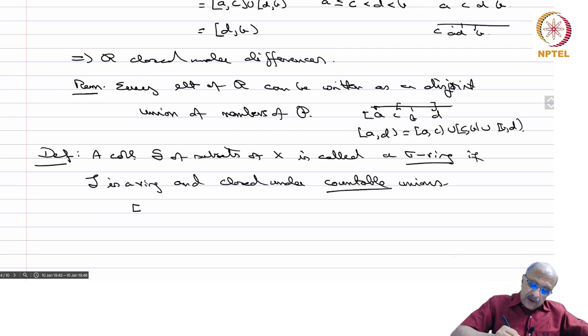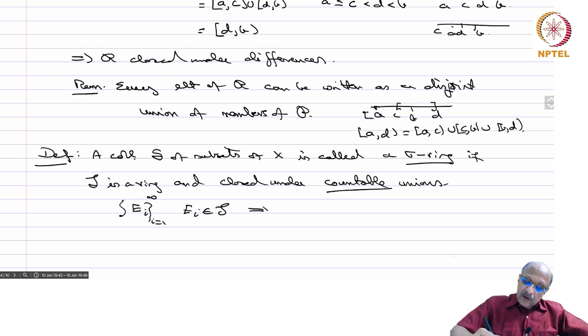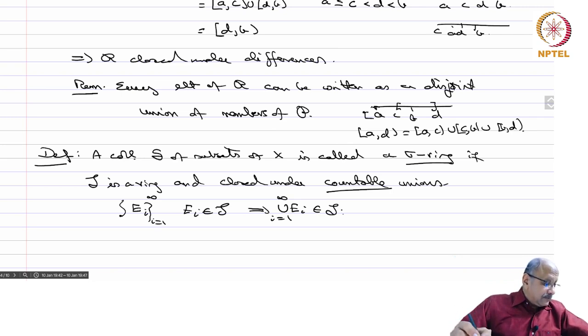So we have, if E_i, i equals 1 to infinity, with E_i belonging to S, then the union over i equals 1 to infinity of E_i belongs to S. And of course difference is, so it's already a ring, so S is a ring and it is closed under the countable unions.